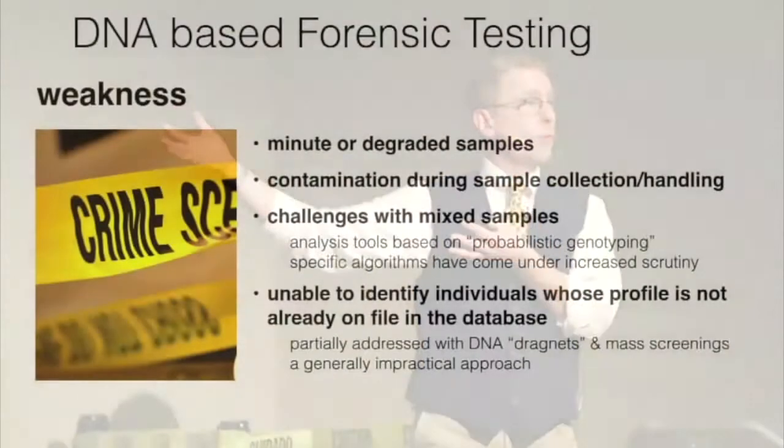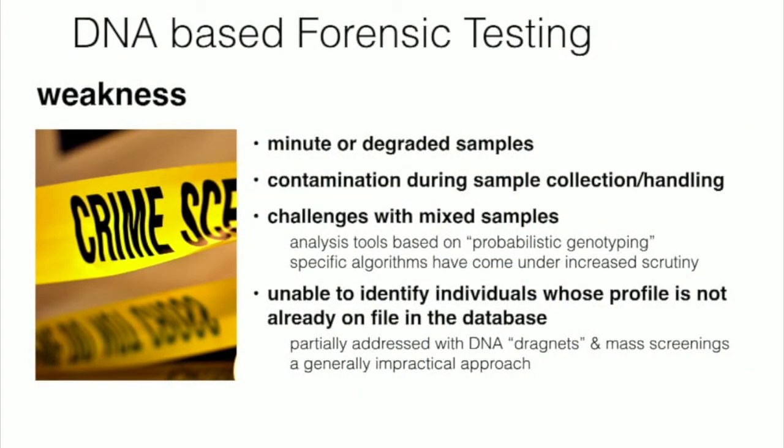If the individual isn't already in the database, I've got to go out and gather samples and hope that I actually am lucky enough to get their sample. So in some cases, this is really valuable. I've already told you it's used in over 350,000 investigations. But it only works if I can make a match in the existing database. So that brings us to the whole concept of DNA phenotyping.